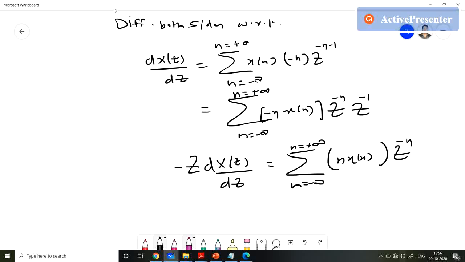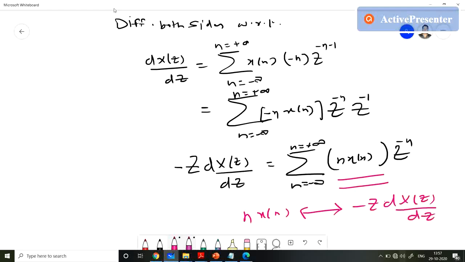If we analyze this expression, it is nothing but that n x[n] has the z transform minus z dX(z) divided by dz. Hence proved.